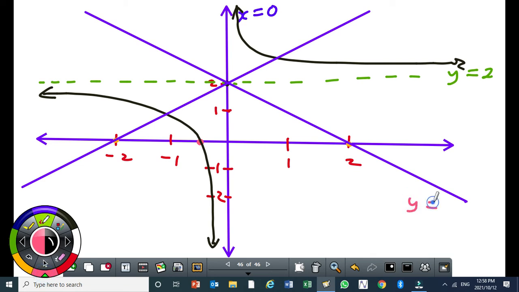This is y equal to minus x plus 2. And this one here is y equal to x plus 2. Okay? This is very important. The four of them intersect at that point.